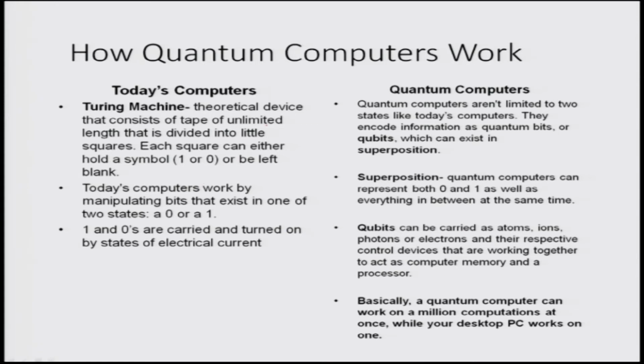So, that is the very basic concept of the classical Turing principle of a computer. The classical computers work by manipulating bits that exist in one of the two states, either a 0 or a 1. Ones and zeros are carried and turned on by states of electrical current. That is the basic idea behind today's classical computer.